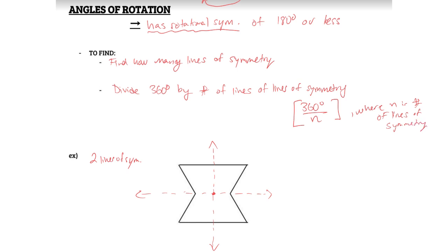To figure out this example, there are 2 lines of symmetry, so n equals 2, therefore our angle of rotation is equal to 360 degrees divided by 2. So our angle of rotation is 180 degrees. So it has rotational symmetry, and the angle of rotation is 180 degrees, because there are 2 lines in this example.